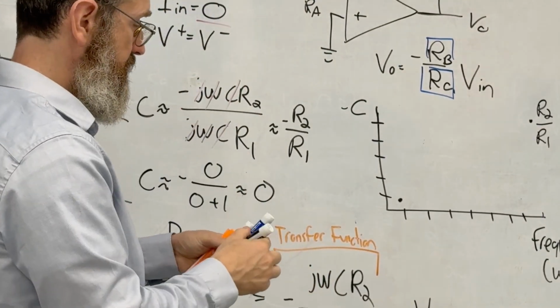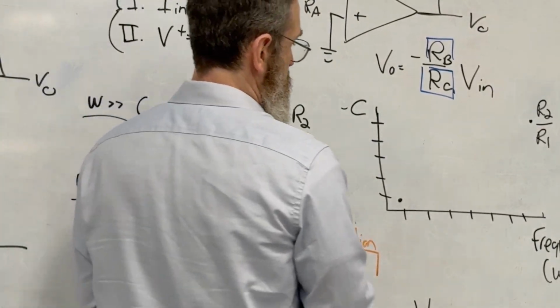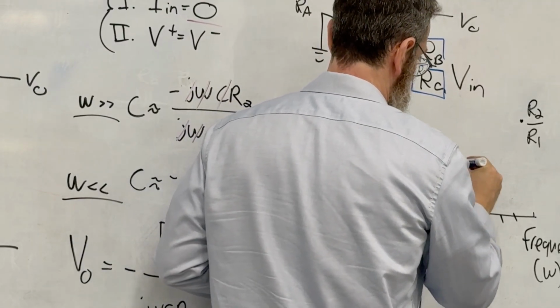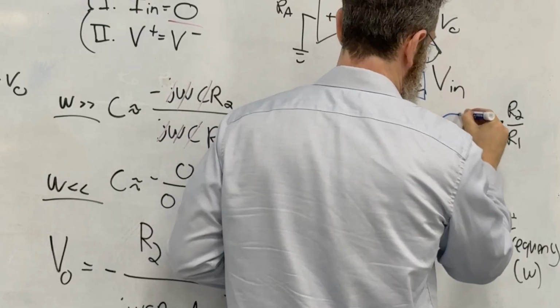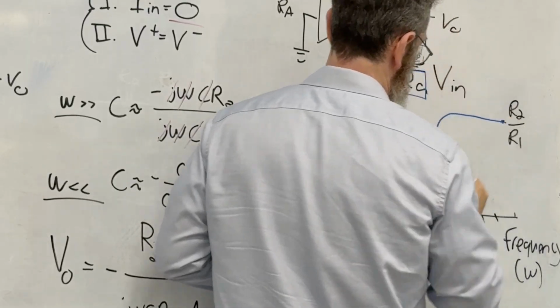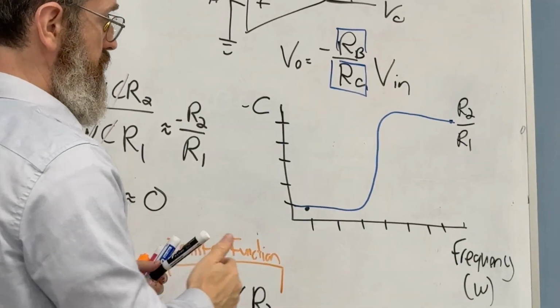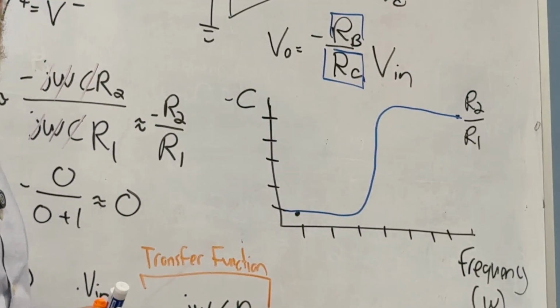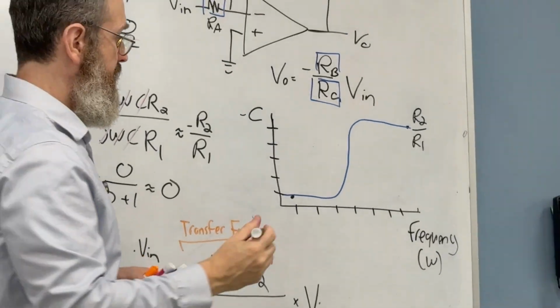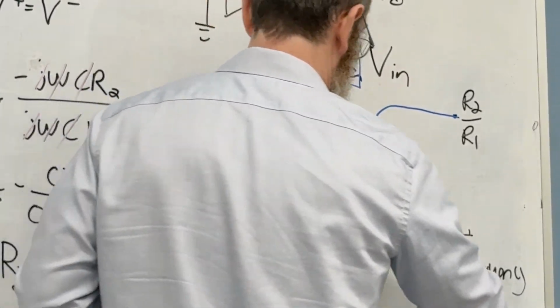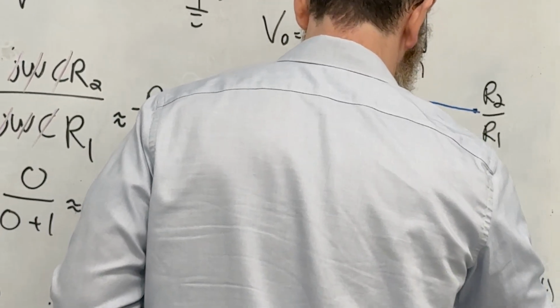And in fact, if you go across all the frequencies, you will find that there is a transition point, right? This here, we like to call the cutoff frequency, right?